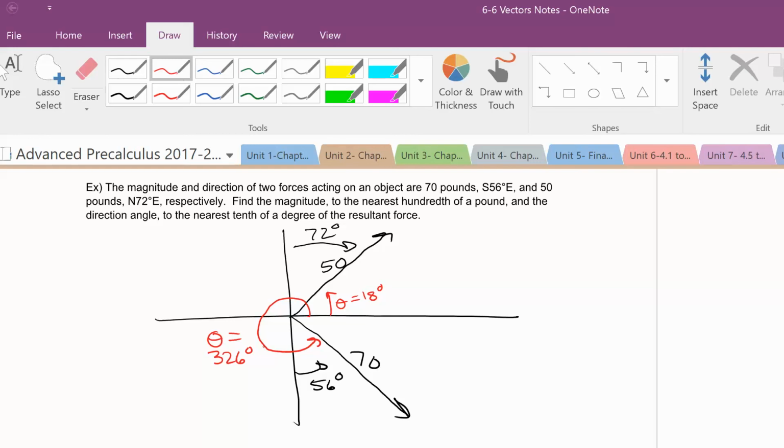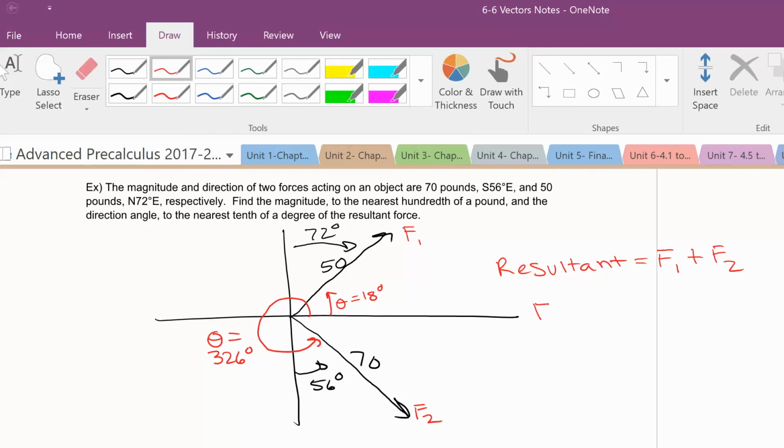The resultant force, the resultant vector or force, is equal to the vector for one force plus the vector for the other force. So if we call this F1 and we call this F2, we've got to find the resultant vector.